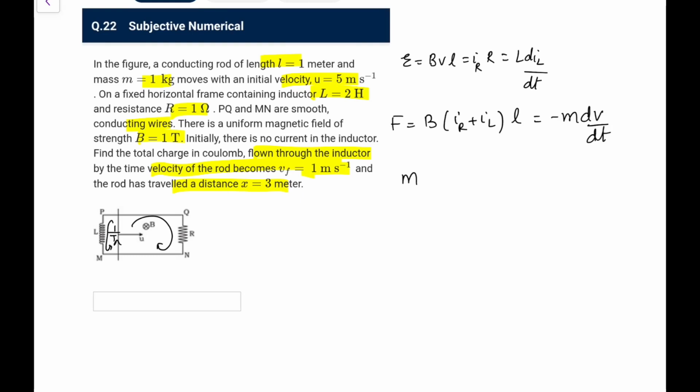So what we can do now: M dV by dt, or take the minus sign here, BL IR. You know IR is BVL by R, and what is IL? IL I have to calculate, so let's calculate it as IL only here.